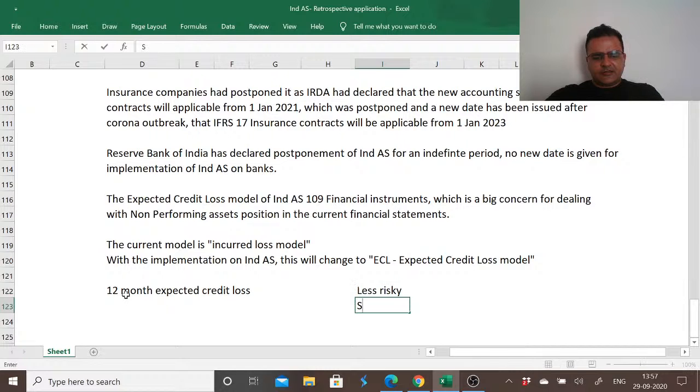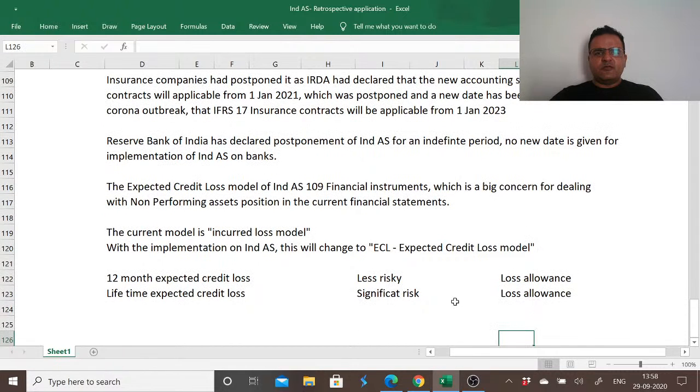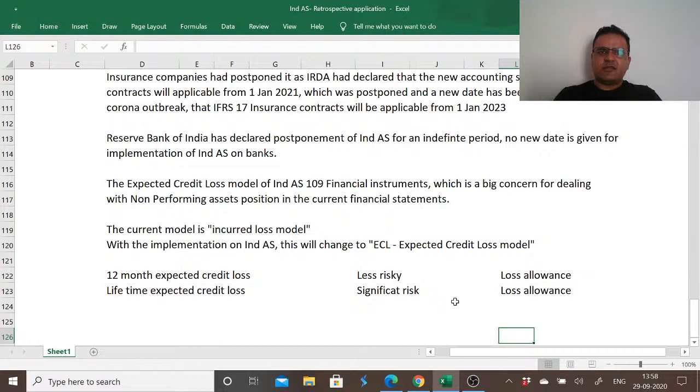If it has significant risk, then we need to calculate lifetime expected credit loss. We need to create a loss allowance today. Now this creation of loss allowance will result in heavy losses being booked when we are implementing this expected credit loss model for the first time, which is definitely an area of concern regarding the health of the financial statements of banks.